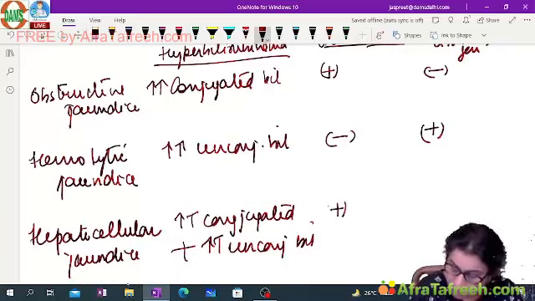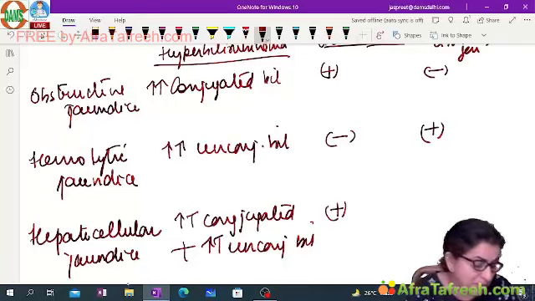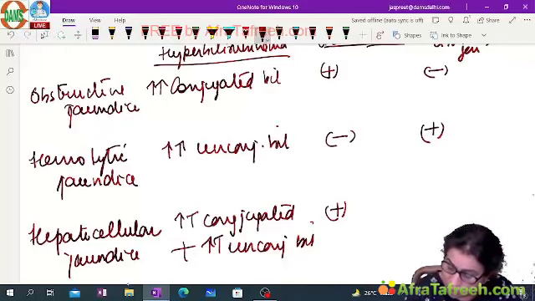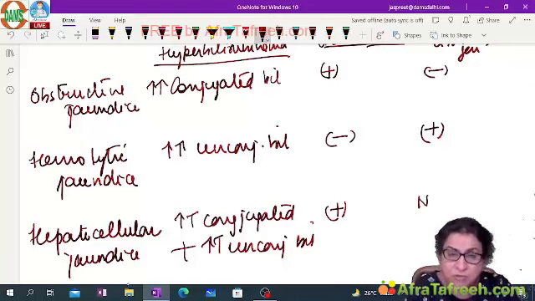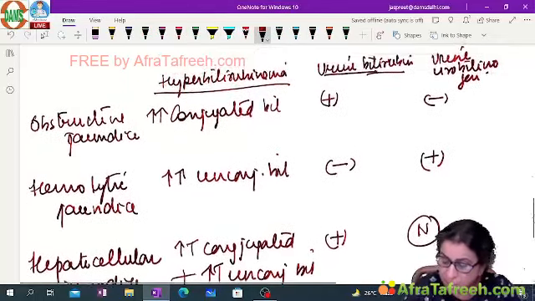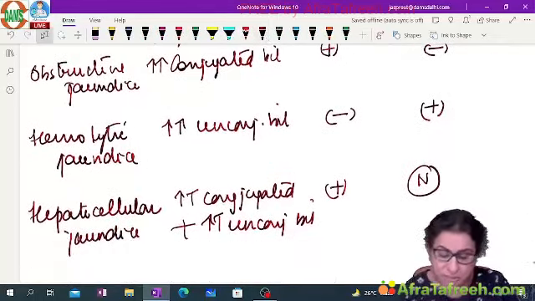So urine bilirubin will be present. And unconjugated bilirubin will be conjugated by the liver. So urobilinogen will be normal in the urine. So unconjugated bilirubin will be conjugated in the liver, then it will go into the intestine, urobilinogen will form and urobilinogen will be normal in the urine.